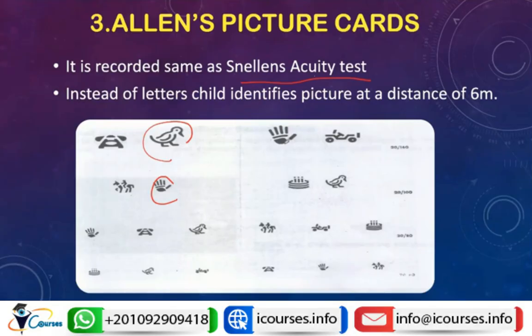Since they are preschoolers, they don't know the numbers and letters, but they should know the figures. So they can see that this is a cake, this is a horse, this is a car, this is a hand, and this is a telephone. I guess it is a telephone, an old telephone. This is just the preschool version of the Snellen visual acuity test.